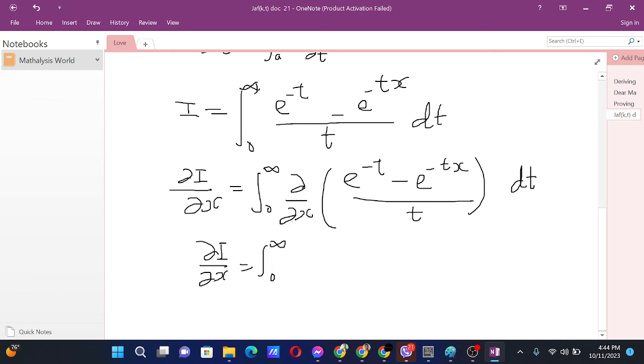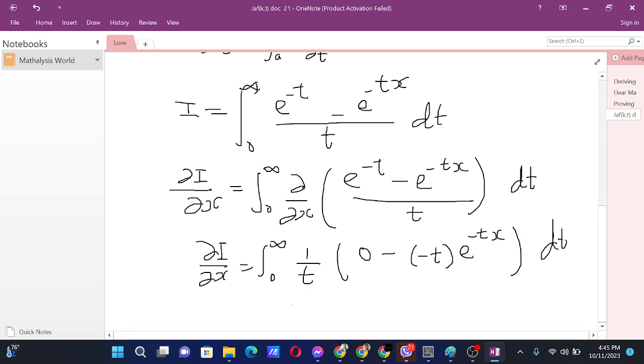Now while differentiating in the x world, t is just a constant, so you can take out 1/t. e to the power minus t is a constant, so its derivative is 0, and for minus e^(-tx), minus t is a constant, so we bring that in front, and e^(-tx) will remain the same. So this is the derivative in the x world.